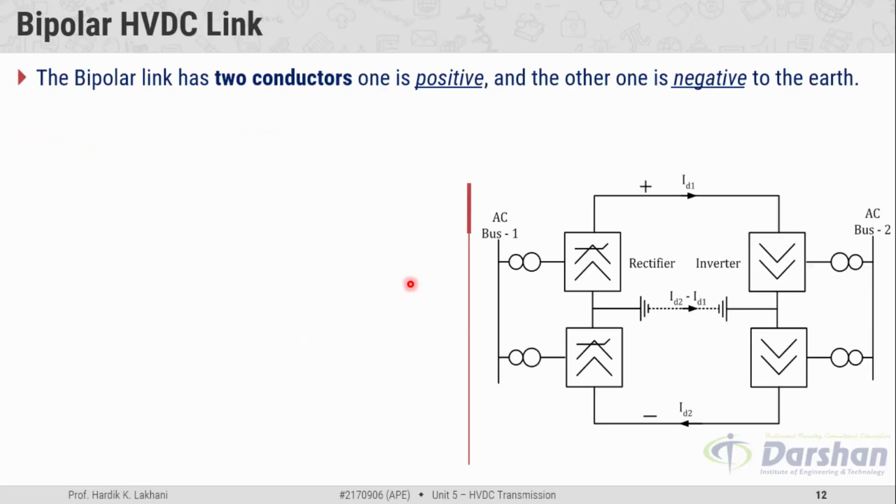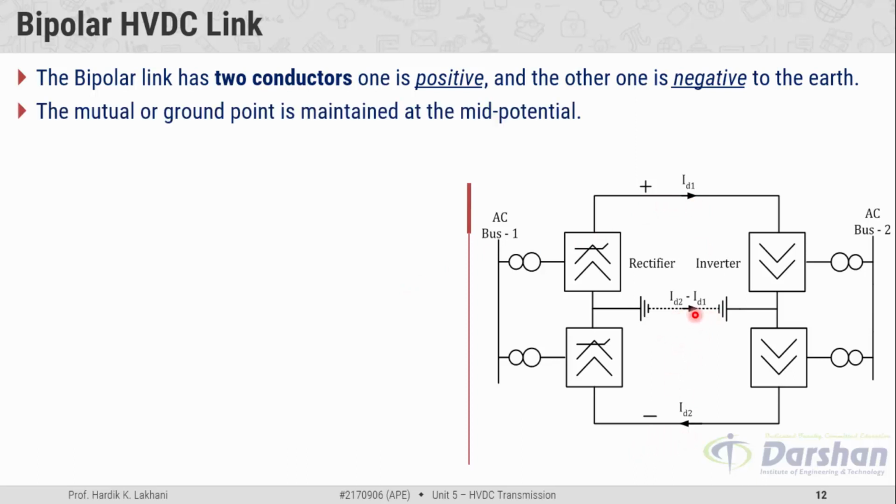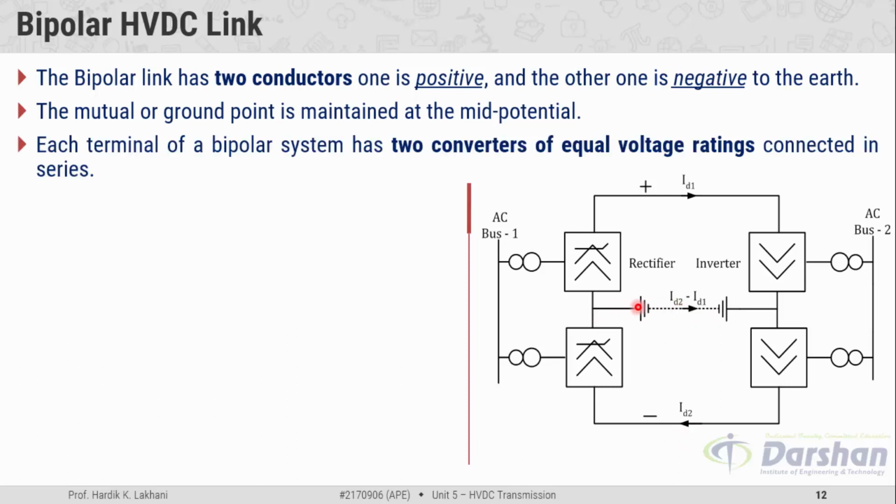Bipolar HVDC link. The bipolar link has two conductors, one with positive and the other with negative polarity with respect to the earth. The neutral or ground point is maintained at mid potential. Each terminal of the bipolar system has two converters.